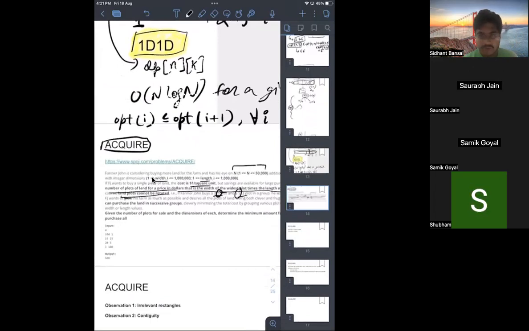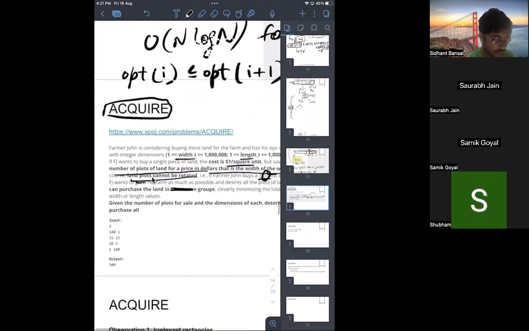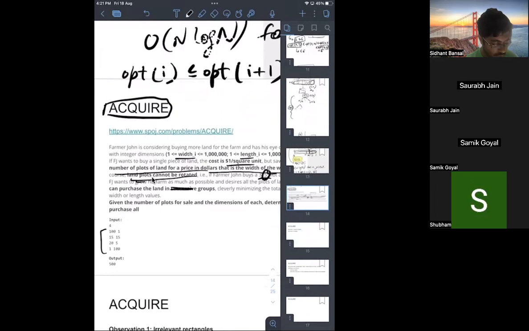Ignore the word successive. It means one after the other in this example, but it does not mean sub-segments. The question is still subsets. In this particular example, one group has just 100 cross 1, the other group has 101 cross 100, and the third group has both these things combined.